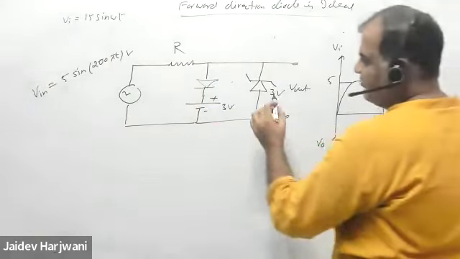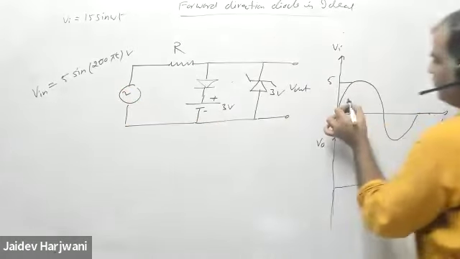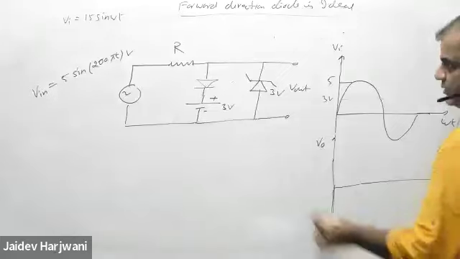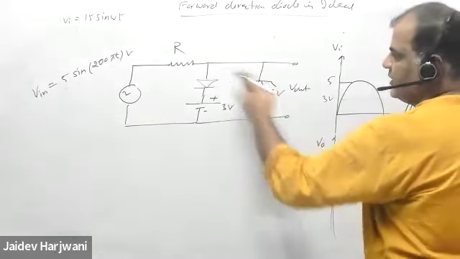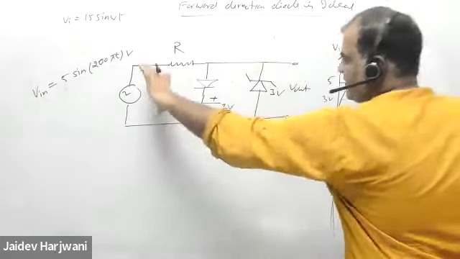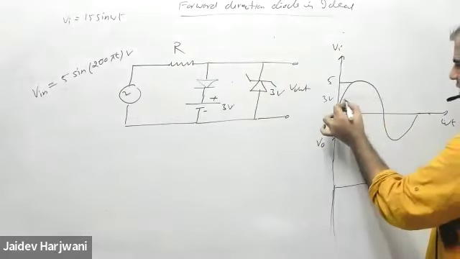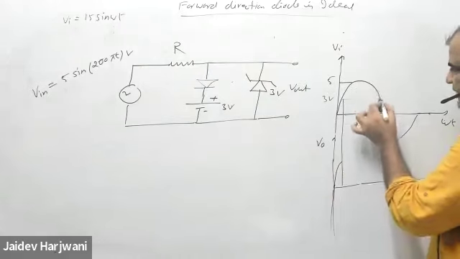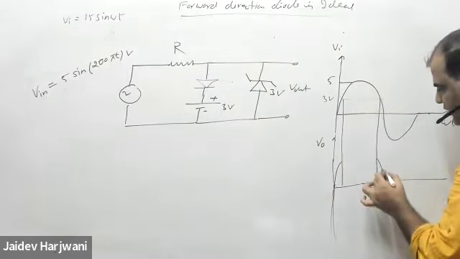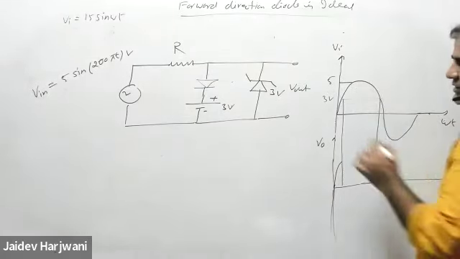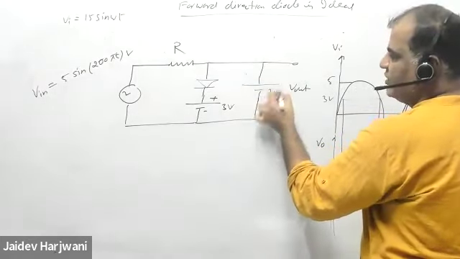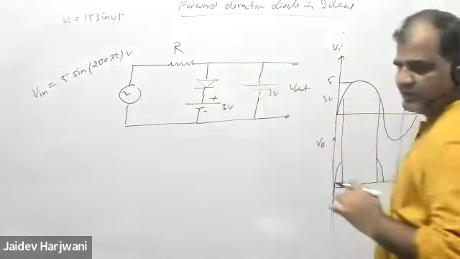So initially when the voltage is less than 3 volt, this is open, this is also open, no current is flowing, and the output is the same as the input. So up to 3 volt, the output will be the same as the input. After that, this becomes on because this requires only 3 volt and the other branch requires 3.7 volt.